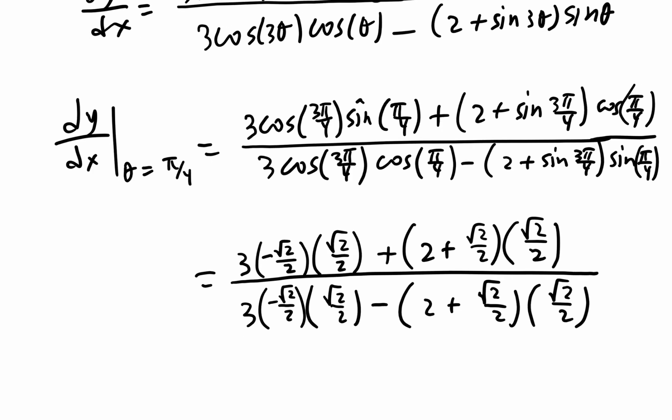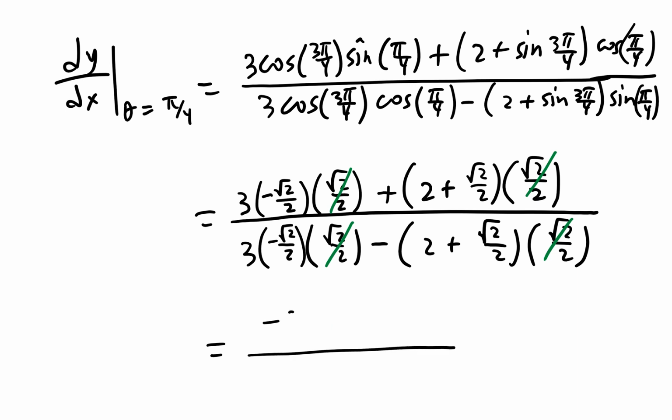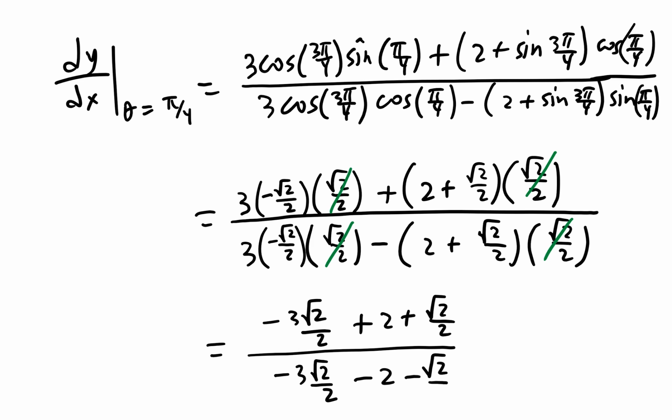You could cancel, like multiply the top of each one of them to cancel all of this. And that would give us negative 3 root 2 over 2 plus 2 plus square root of 2 over 2, over negative 3 root 2 over 2 minus 2 minus square root of 2 over 2.